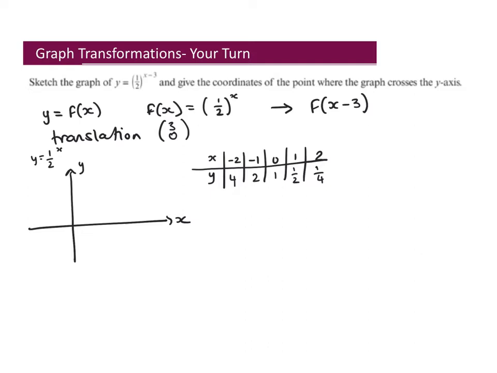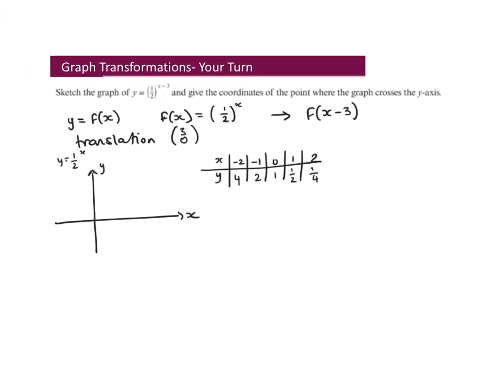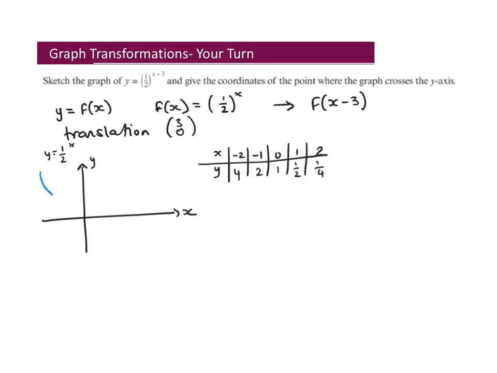So what it's actually going to look like, just like what we did, is a reflection in the y-axis, isn't it? So it's now going to look like, okay, we're still going to have an asymptote on the line y equals 0. Okay, and here it's going to cross at 1, 0. Sorry, it's not. 0, 1.